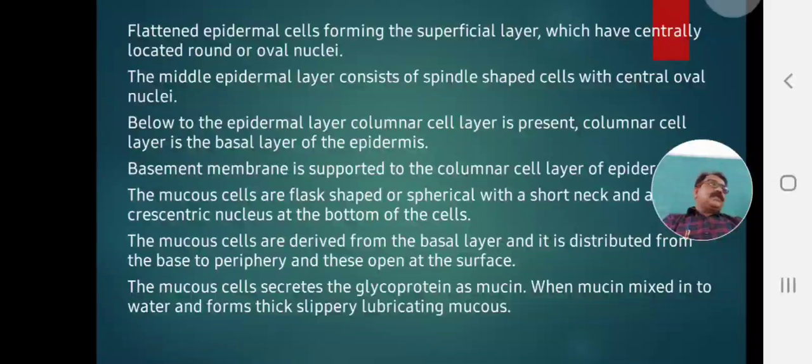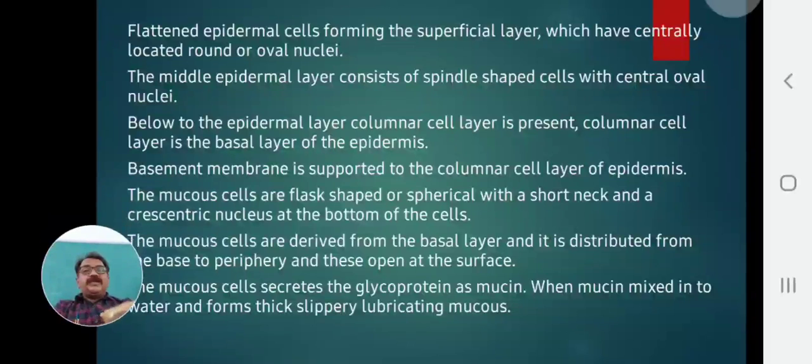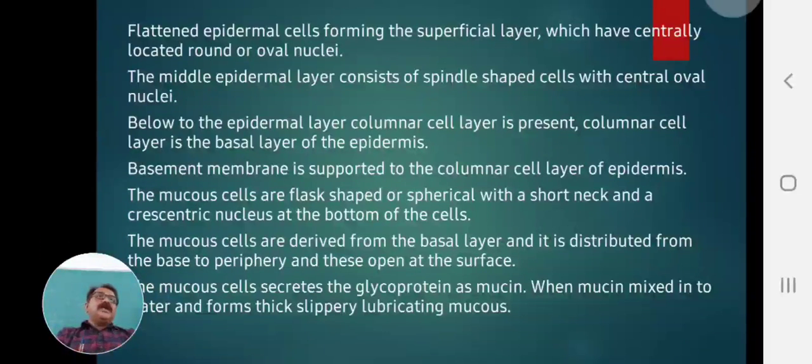Structurally, flattened epidermal cells form the superficial layer. These flattened epidermal cells are found on the upper layer, the superficial layer, and have centrally placed round or oval nuclei.